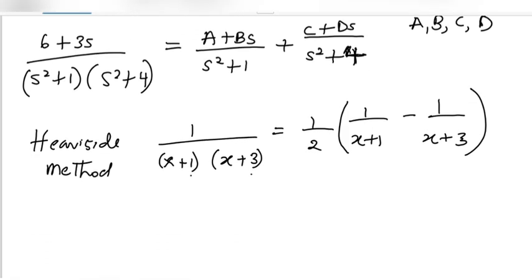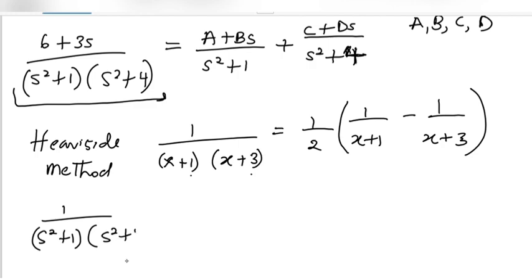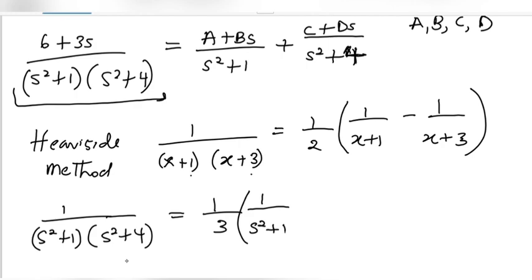So if you apply that to what we have here, you will see clearly that 1 over s squared plus 1 into s squared plus 4 is simply going to give us 1 over 4 minus 1, which is 3, into 1 over s squared plus 1 minus 1 over s squared plus 4.